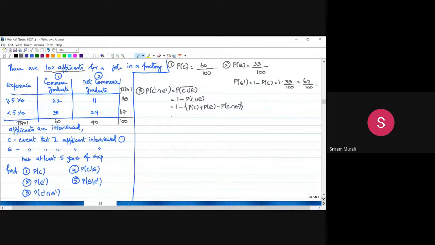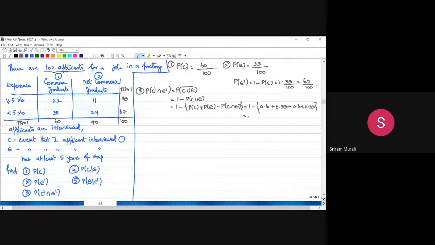What is P of C? What is P of E? P of C is 0.6, P of E is 0.33, minus, it is independent, that is P of C into P of E. The applicant who is interviewed is a commerce graduate with 5 years experience, they are independent of each other, therefore it is 0.6 into 0.33.